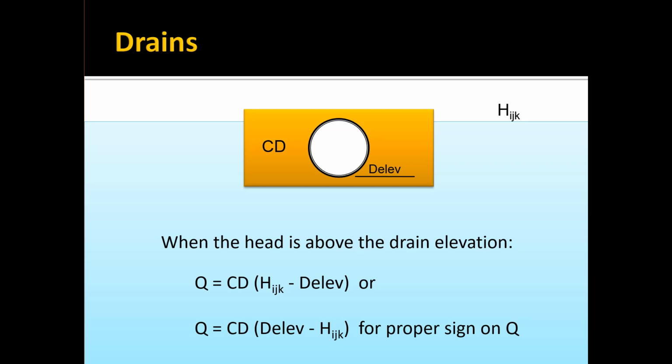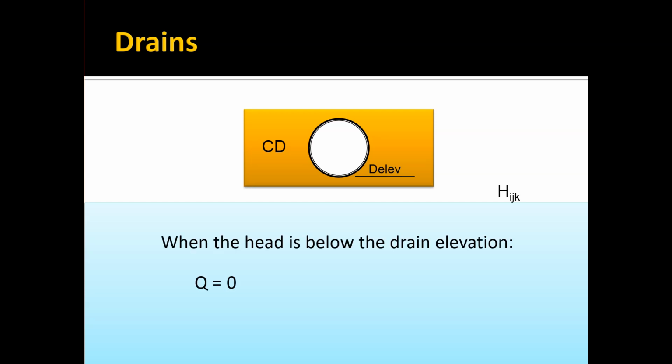Now, if you look at the diagram here, the drain elevation is below the head, so the drain elevation minus the head is going to be a negative number, a negative head difference. But that's good, because the resulting flow rate should be negative because it represents water leaving the aquifer into the drain. And so that is the proper sign. And so that flow rate is equal to the conductance times the head difference.